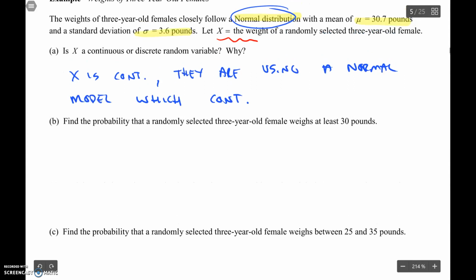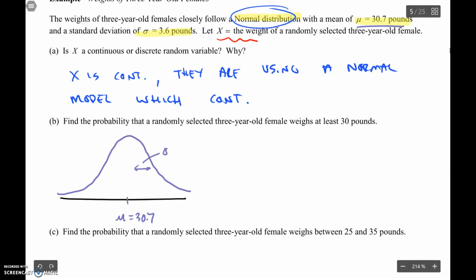So let's review what we need to show for our work on this. We need to put down the word normal or draw a normal curve. That gets me credit for normal. I need to explicitly state the mean, and explicitly state the standard deviation.